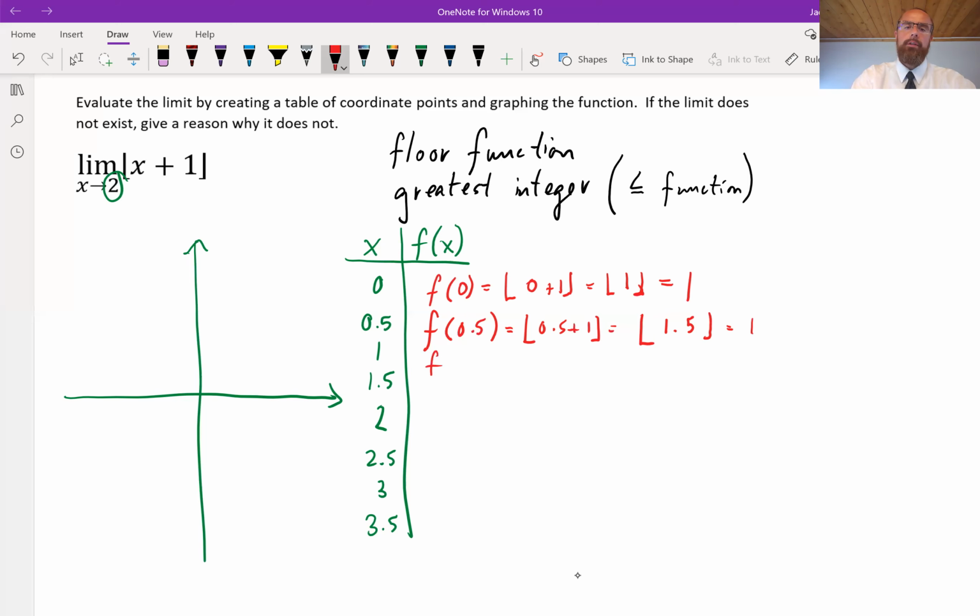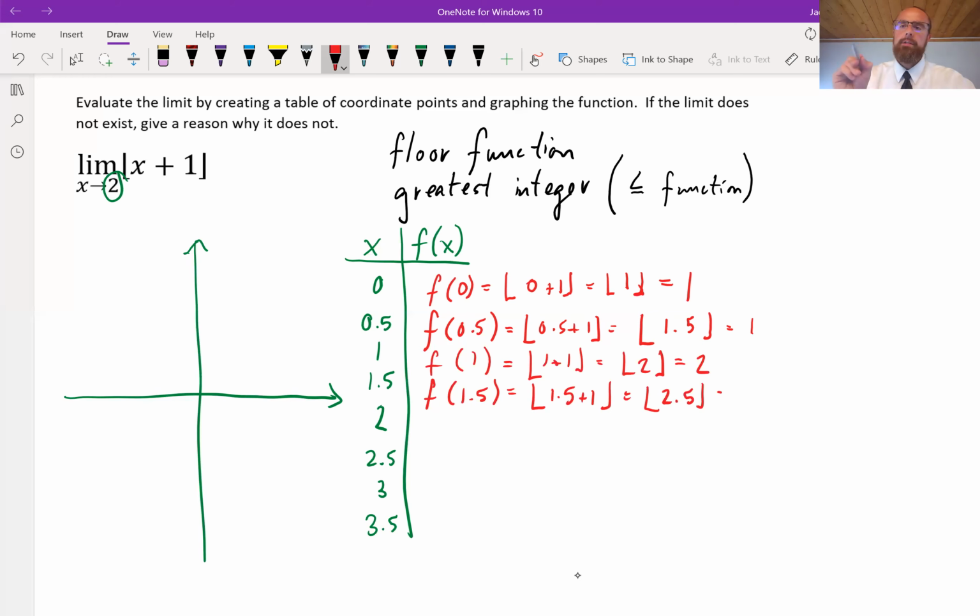So f at 1 is floor function of 1 plus 1, which is floor function of 2. And the greatest integer that's less than or equal to 2 is 2. See if you can predict f at 1.5 as we write this. So floor function of 1.5 plus 1 is the floor function of 2.5. And the greatest integer that's less than or equal to 2.5 is 2.